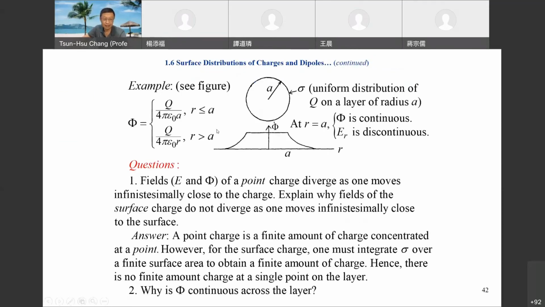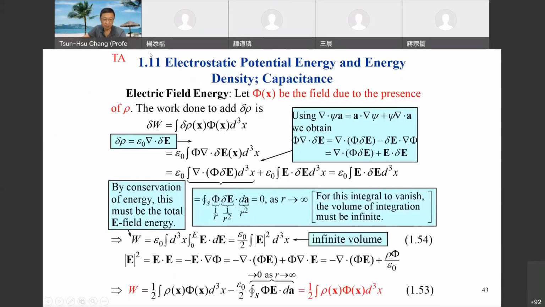Okay, that's another example. If the TA have time, they should talk about this part because we will talk about it later. We will talk about the electric field energy later, so we will come back to this part again. So don't worry too much if the TA do not have time.